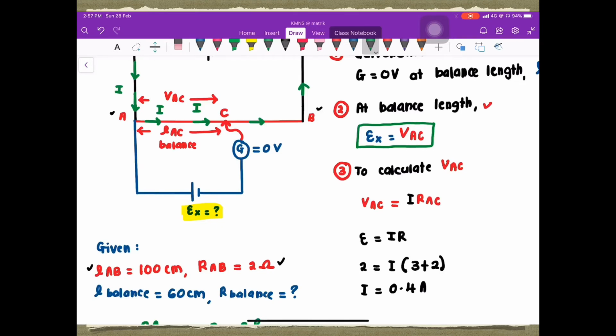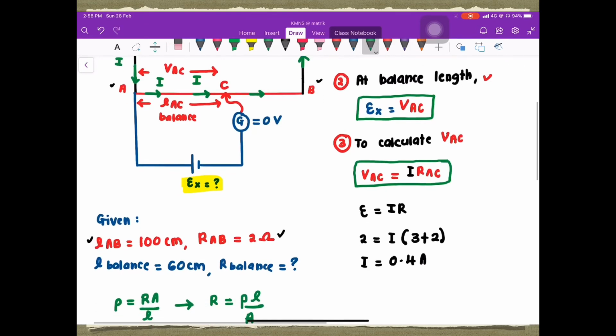But how do we determine the potential difference across point AC? We use Ohm's law.